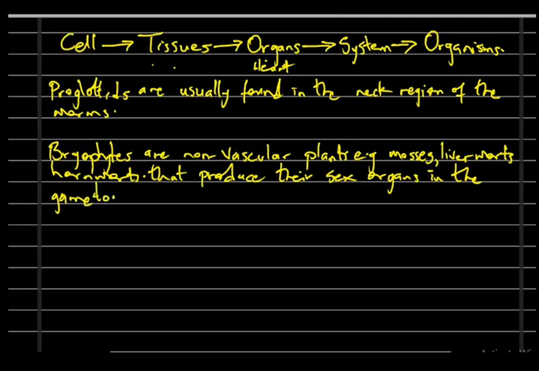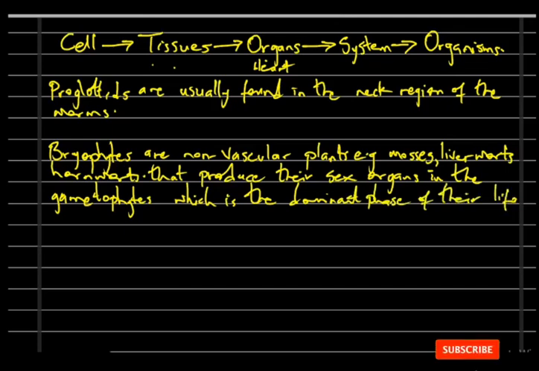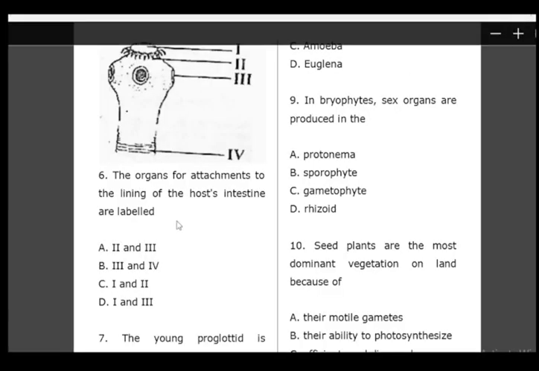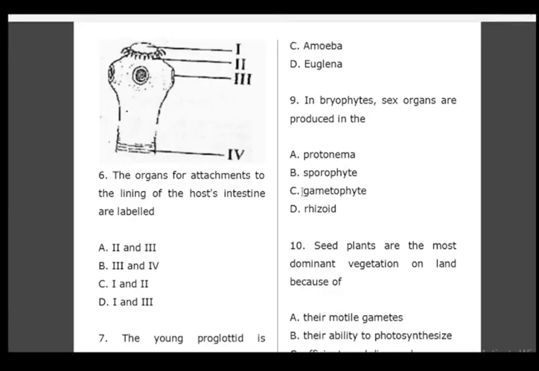They produce their sex organs in the gametophyte, which is the dominant phase of their life cycle. So the dominant phase of the life cycle of the bryophyte is usually the gametophyte. So that is the answer to our question. It is in the gametophyte that we have the sex organs of that particular organism. So the answer is option C.